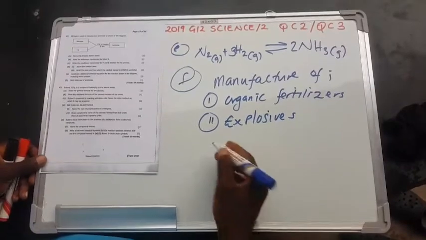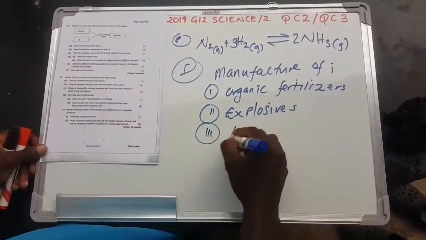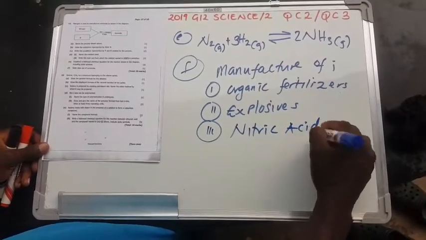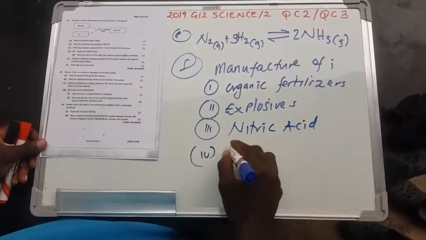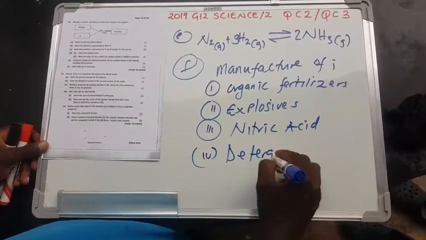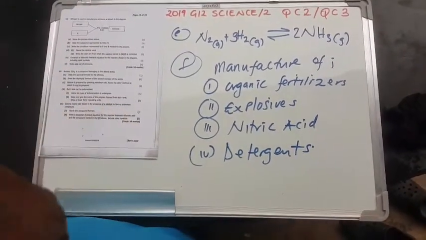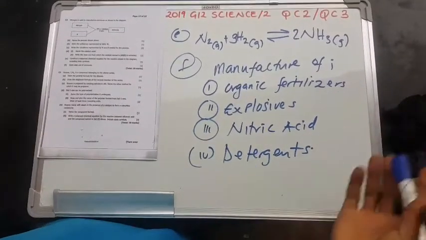Ammonia is also used in the manufacture of nitric acid. Ammonia is also used in the manufacture of detergents. So that's a summary of how we can answer questions regarding ammonia manufacture.